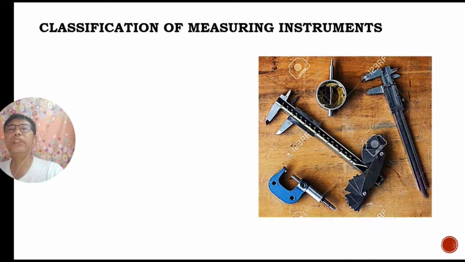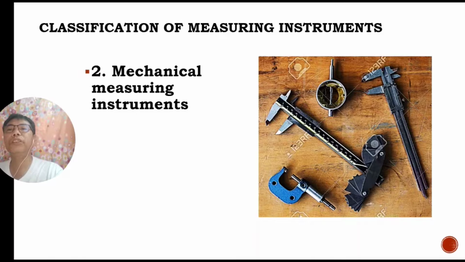Next classification, the one you see on the picture, is for mechanical measuring instruments pertaining to machines. Okay, on the picture, I have seen here a few types of caliper, the Vernier caliper, then the gauge.